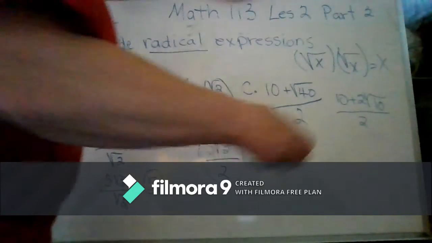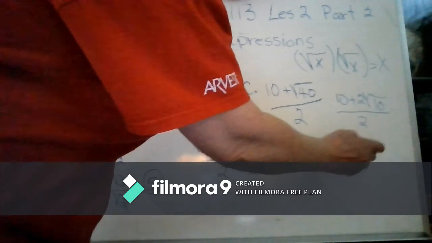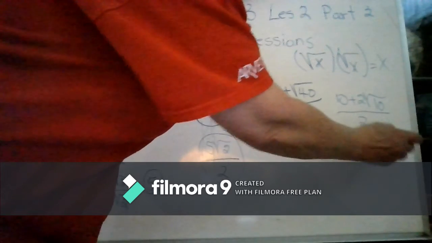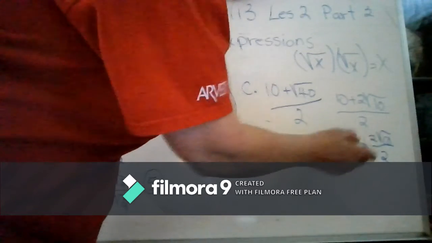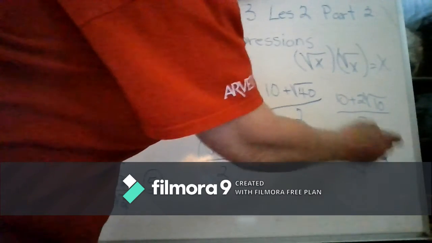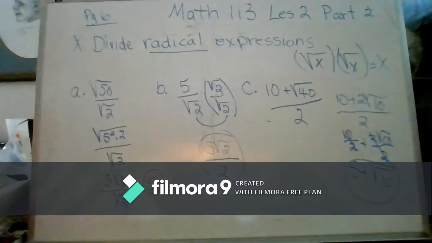Now, if I split these, 10 over 2 plus 2 times the square root of 10 over 2, notice that I can simplify that to 5 plus the square root of 10. Can't do anything more with that. So that, my friend, is the answer.